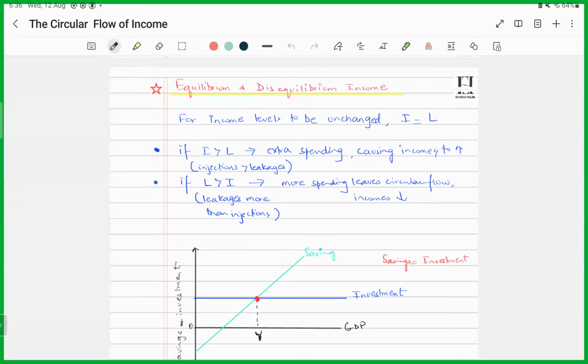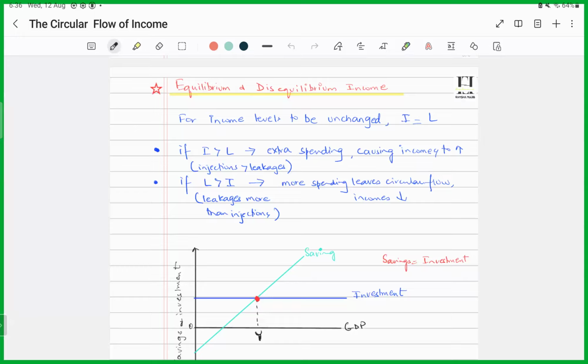Now, if an equilibrium has to exist in an economy, the level of injections must equal the level of leakages, right? This means if you want income levels to be unchanged. And we are talking about, again, the two sector model, remember, in which there was no participation of the economy in international trade.